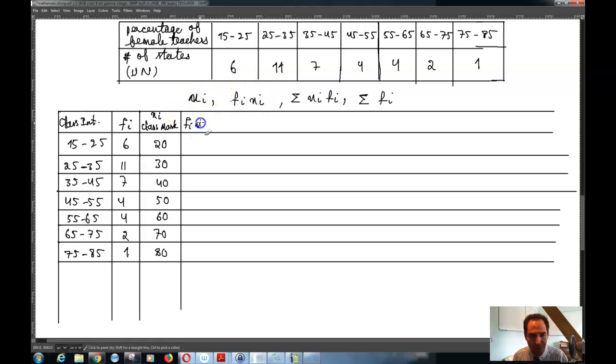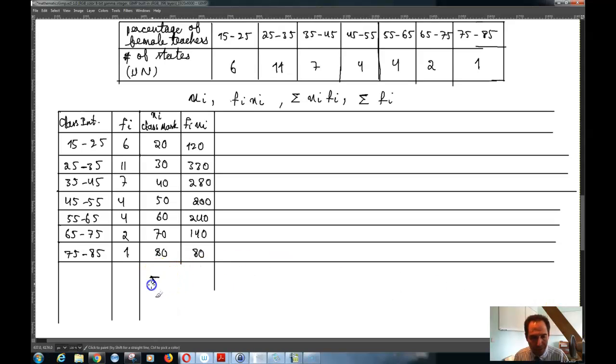So f of i times x of i is going to be equal to 120, 330, 280, 200, 240, 140, and 80.